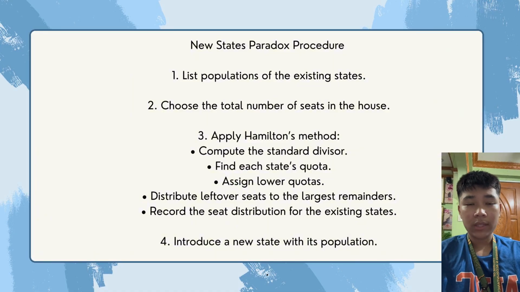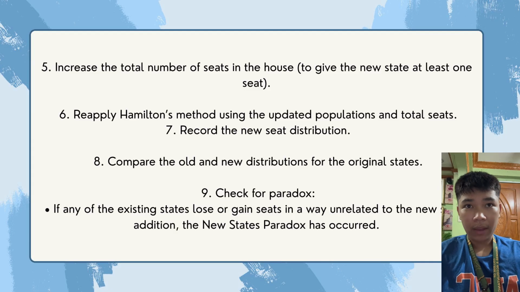Step 4: introduce a new state with its population. Step 5: increase the total number of seats in the House to give the new state at least one seat. Step 6: reapply Hamilton's method using the updated populations and total seats.